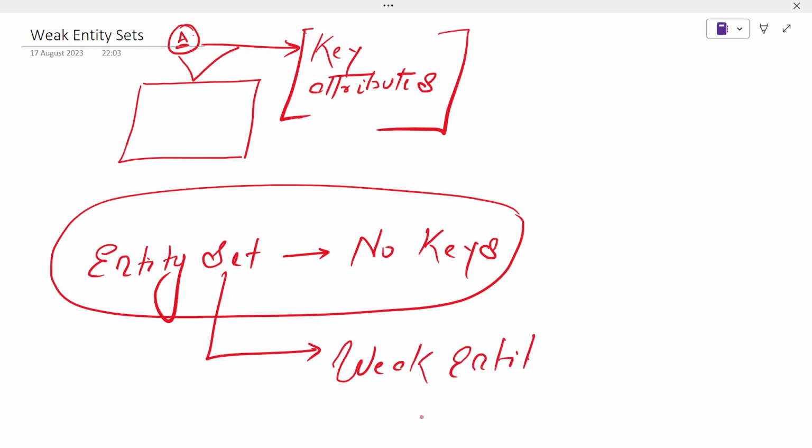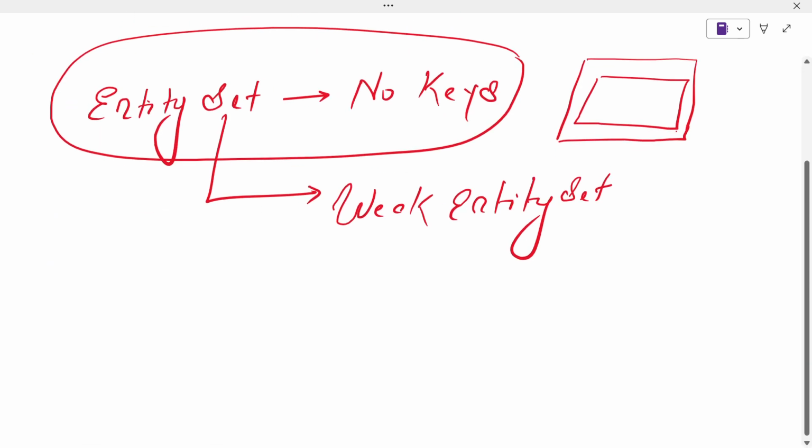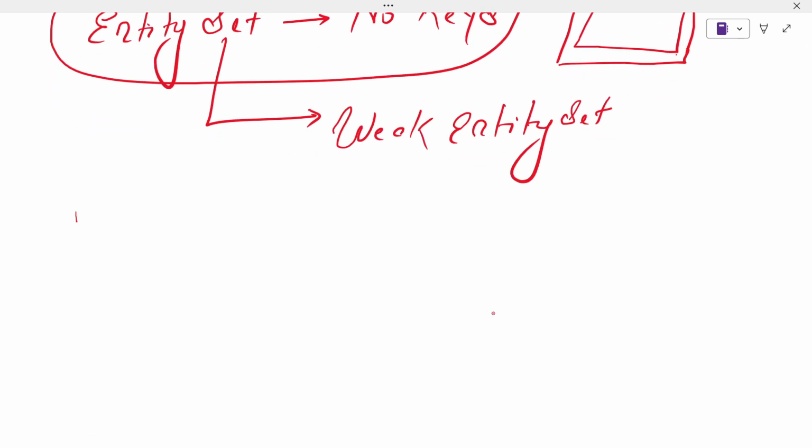Okay, so this entity set will be called a weak entity set, and it will be represented by two rectangles, one rectangle within another rectangle, like this. Okay, so this is a weak entity set. Now, attributes would definitely be present for an entity set.